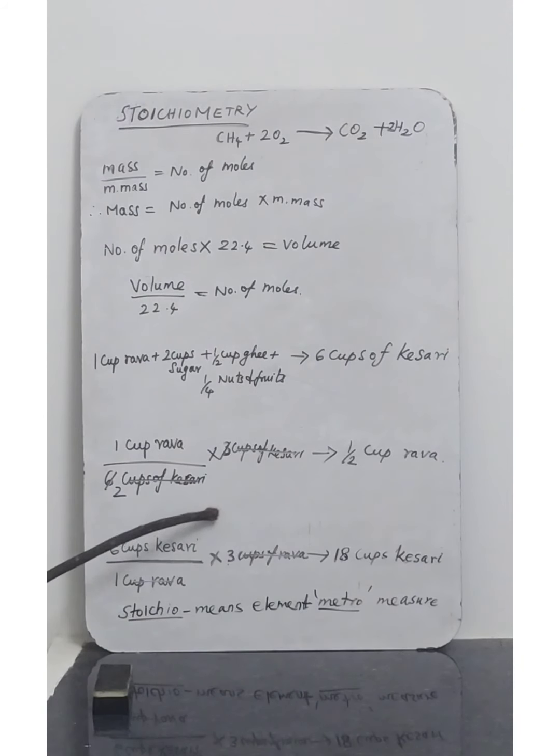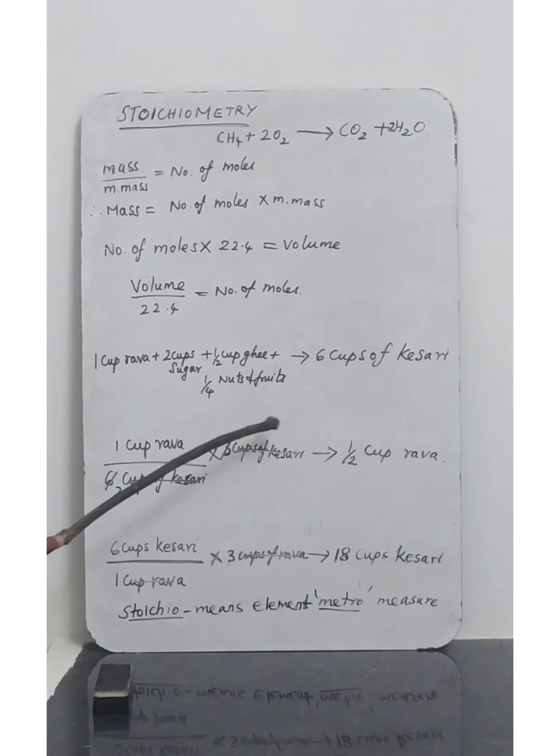If you want to prepare 6 cups of kesari, you need 1 cup of rava. Therefore, if you want to prepare 3 cups of kesari, how many cups of rava do you want? To obtain 6 cups of kesari, we need 1 cup of rava.